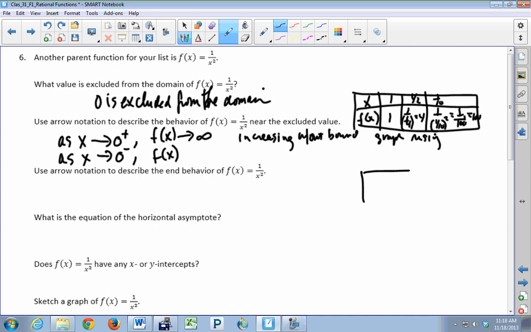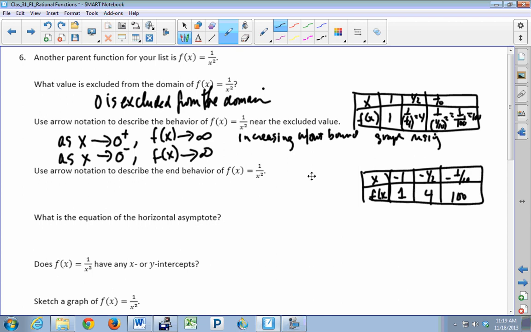Now we have to look at what's happening as we approach 0 from the other side, from the left. So we're going to look at -1, -1/2, -1/10. But now we're squaring x. So what's 1 over -1 squared going to give me? 1. So my negative sign gets removed. 1 over -1/2 squared is 1 over 1/4, which is 4, and then 100. So in this case, as I approach 0 from the left and the right, I'm increasing without bound in both situations.